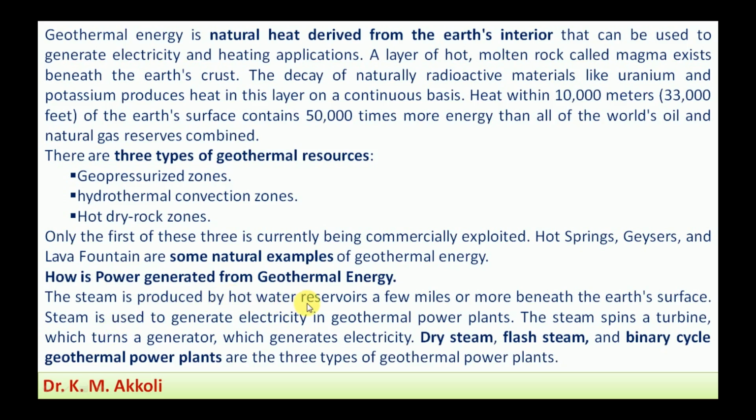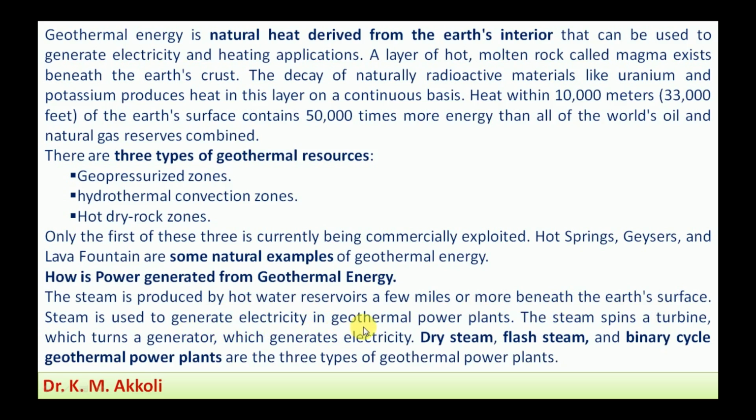And how is power generated from geothermal energy? How can we generate energy from this geothermal energy? The steam is produced by hot water reservoirs. From the hot water reservoirs present a few miles or more beneath the earth surface, the steam is produced. At that distance from the earth surface, the hot water will be present, and from that the steam can be flashed.